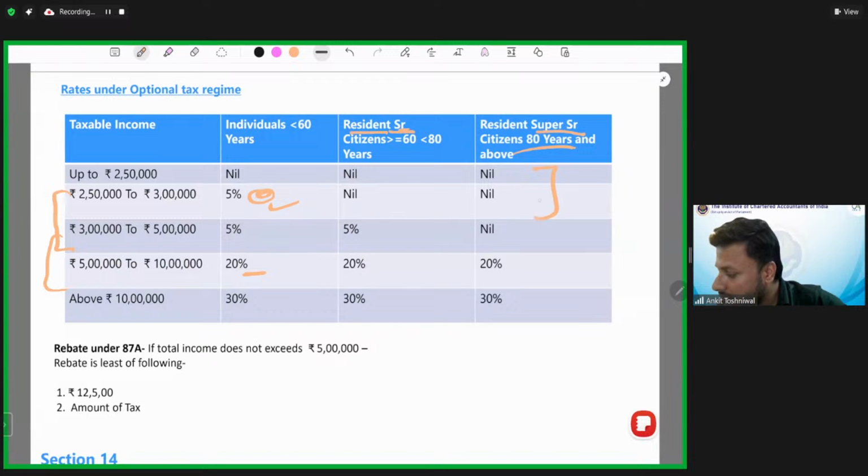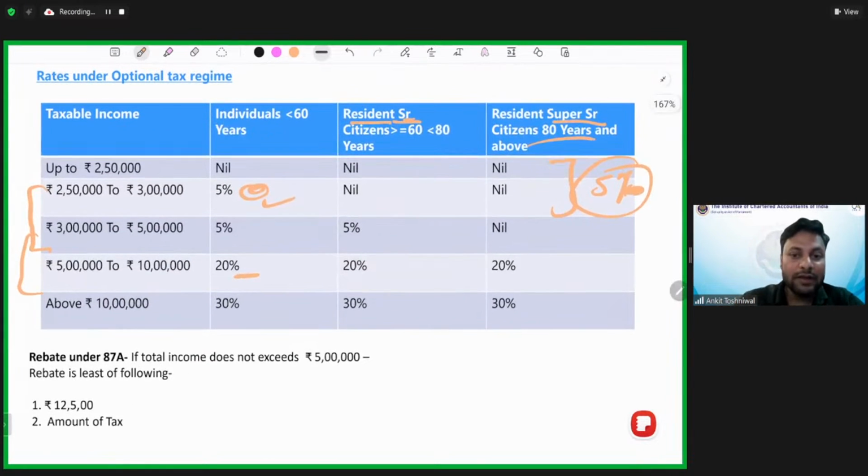So here, there is no 5% slab, point to be noted, because up to 5 lakh there is no tax. So 5 to 10 lakh, again 20%.